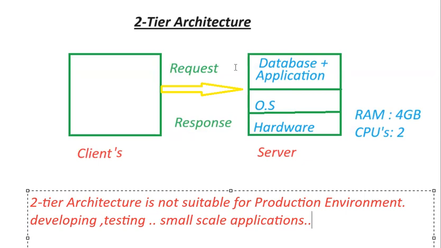Even for a very small number of clients, this two-tier architecture is suitable for production, but actually it is not recommended, because both the database as well as the application are present in the same layer, that is the server layer. So that's why it is not suitable for our production environment, because whenever multiple clients hit the same server, what does it lead to, sir?